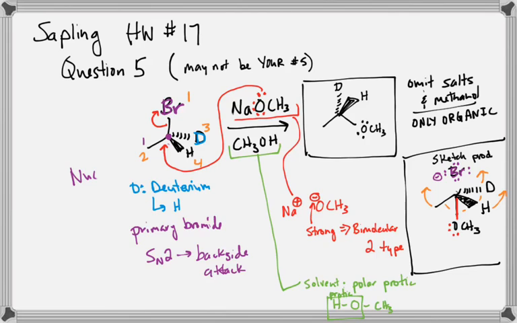I could go through and flip this structure over, but I'm kind of lazy. I'm going to say we're going to connect 1 to 2 to 3, which is going in the counterclockwise fashion, which would be S. But because my hydrogen is wedged, I'm looking at this structure backwards, which means this conformation is S. If we take a look at my product, I'm now going to do the same idea.